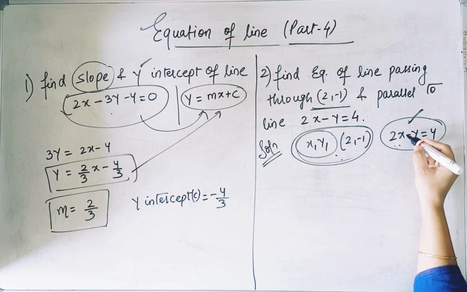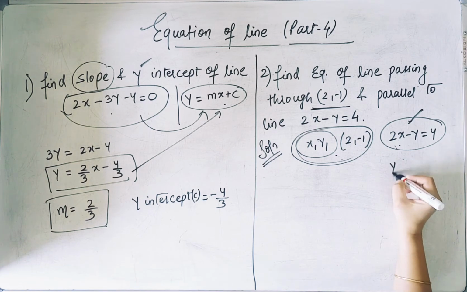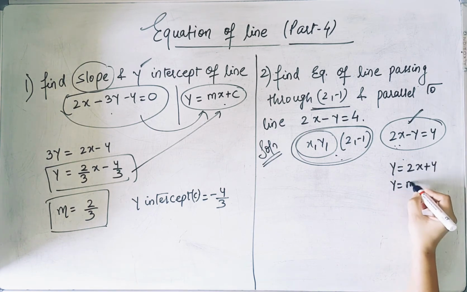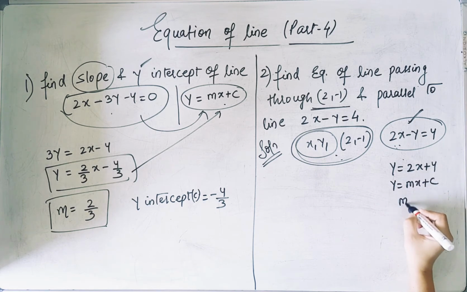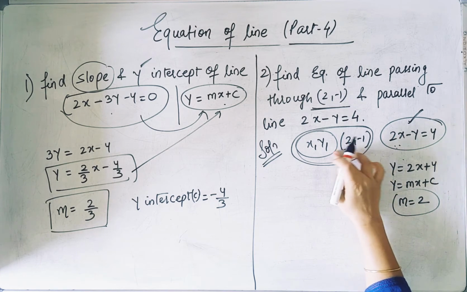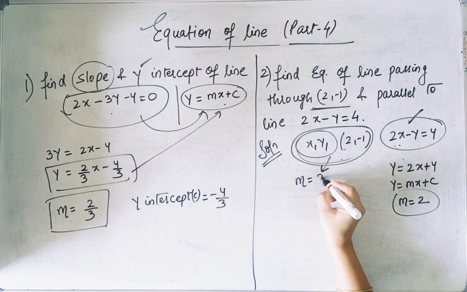Now we'll reduce this equation to the form y equals mx plus c. So y equals 2x plus 4. On comparing with y equals mx plus c, m is 2. So for the equation which is required to be found, m is also 2.